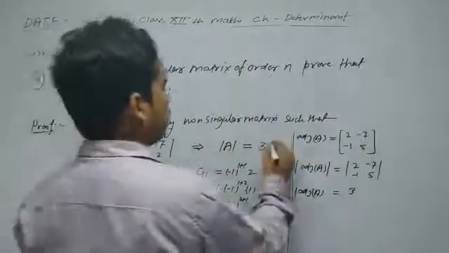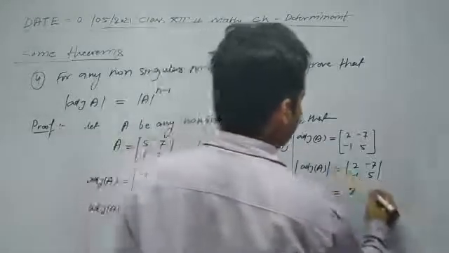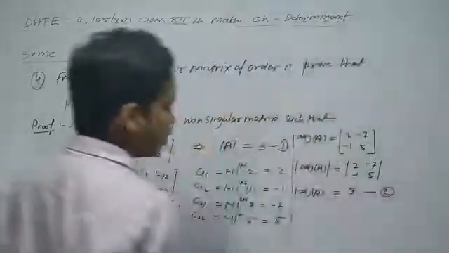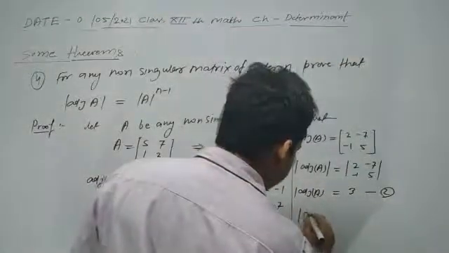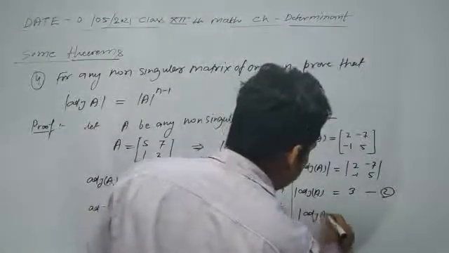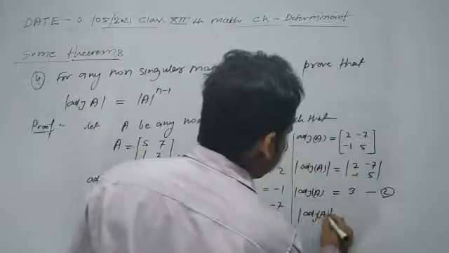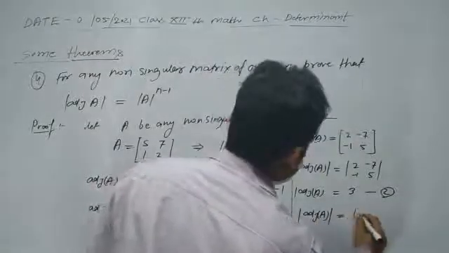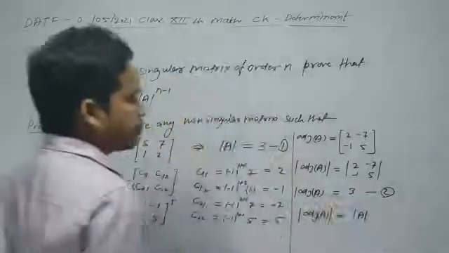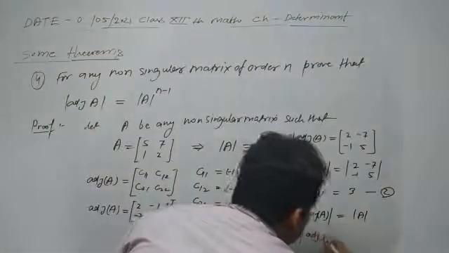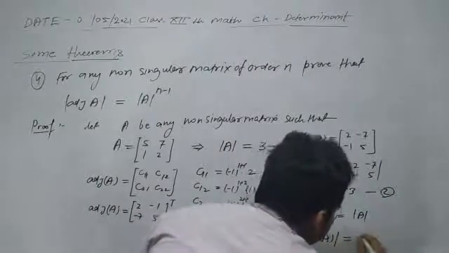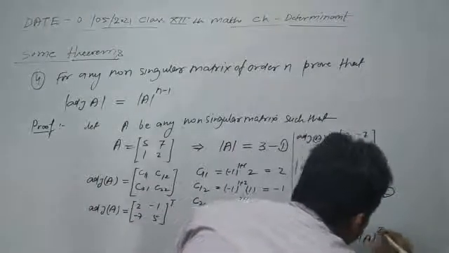See, this is equation 1 and this is equation 2. From equations 1 and 2, it can be written that determinant of adjoint of A is equal to determinant of A power 2 minus 1.